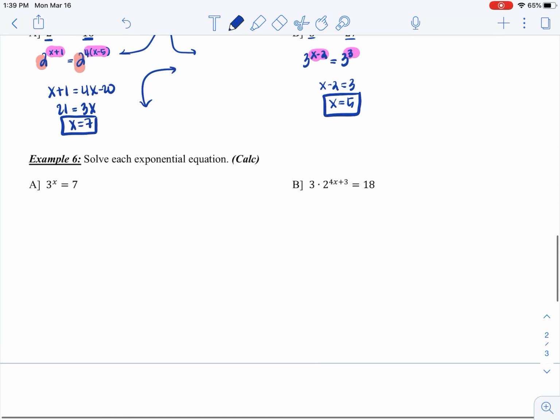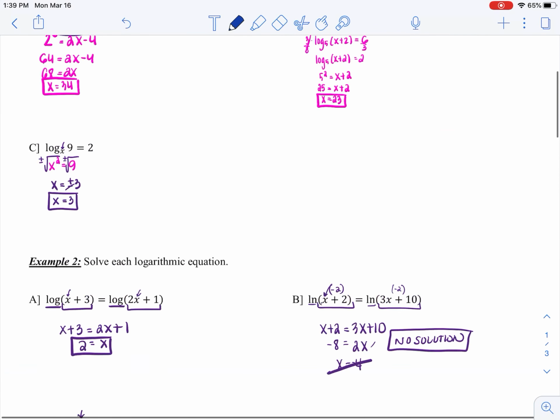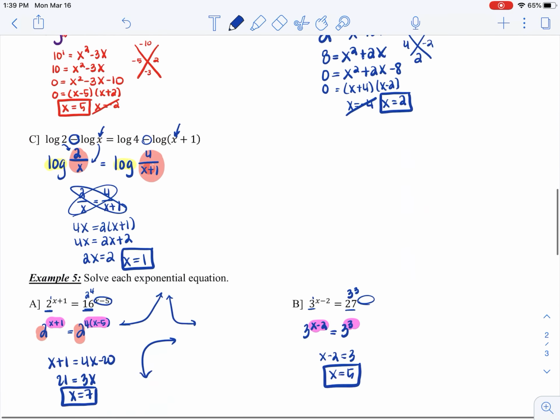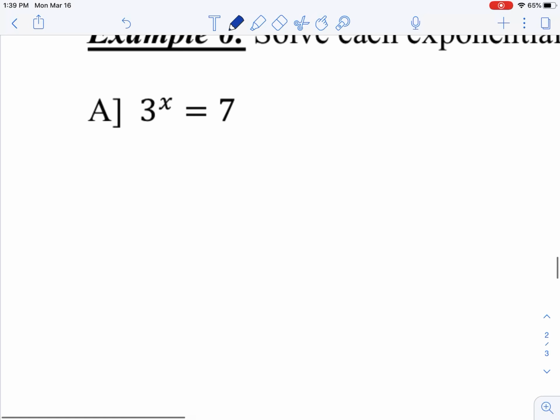All right, last situation, which is not on your homework tonight. The only types of problems on your homework tonight are everything we've done so far, which is when you can't rewrite it as the same base. So if you can't rewrite it as the same base, you are going to use logs to solve it. Why? Because this is an exponential function. I need to undo it.